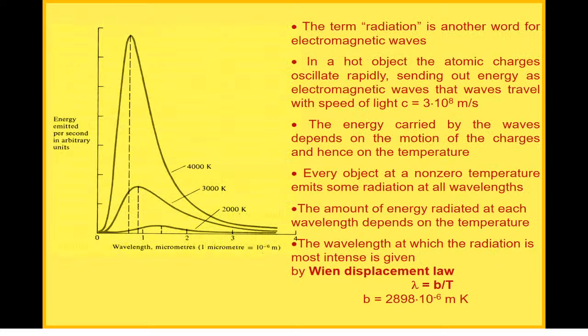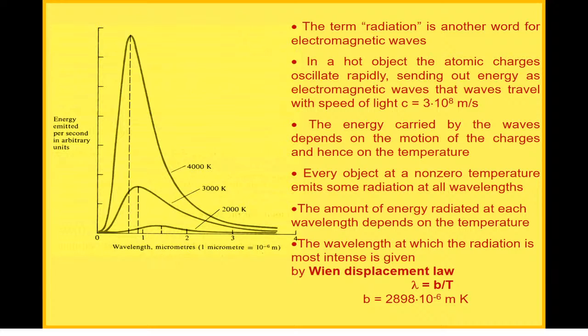Let me pay your attention to radiation. The term radiation is another word for electromagnetic waves. In a hot object, the atomic charges oscillate rapidly, sending out energy as electromagnetic waves. These waves travel with the speed of light.